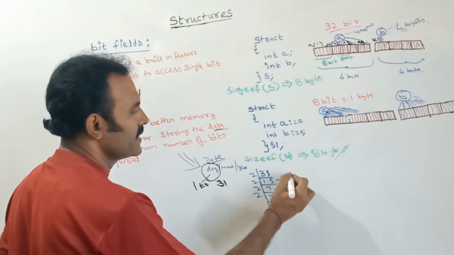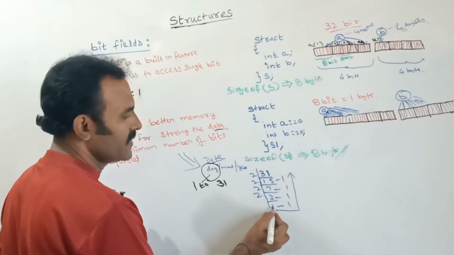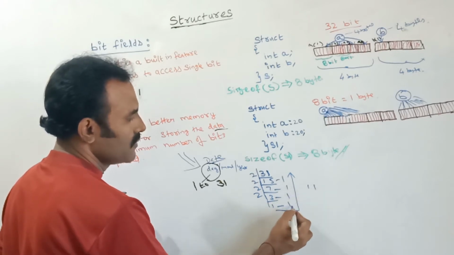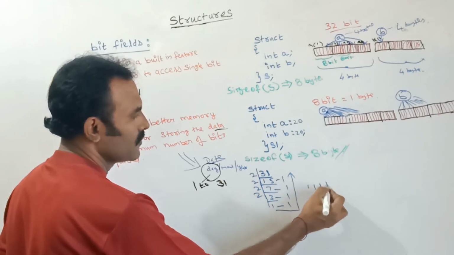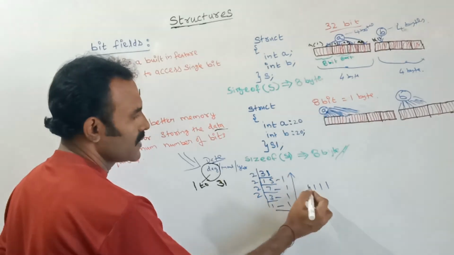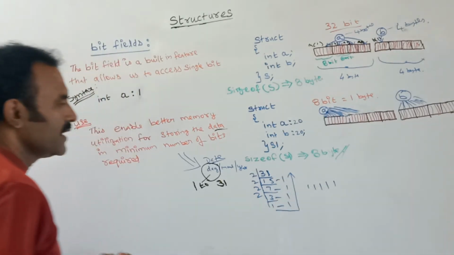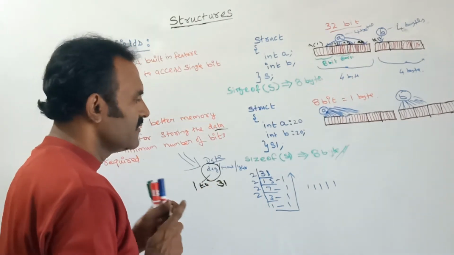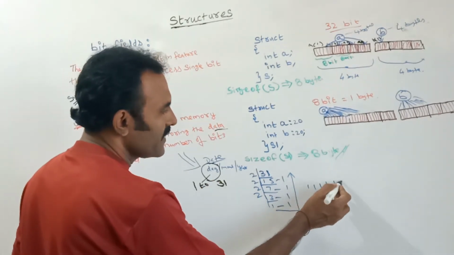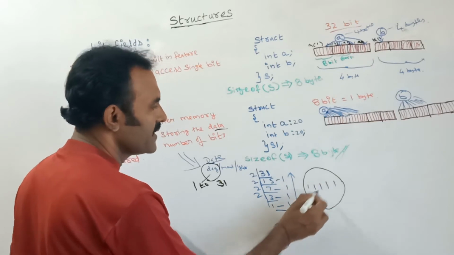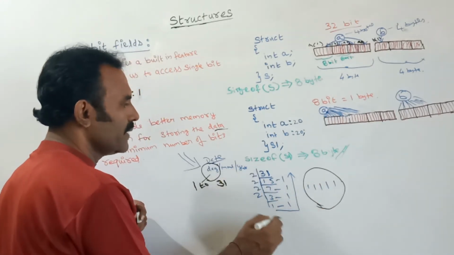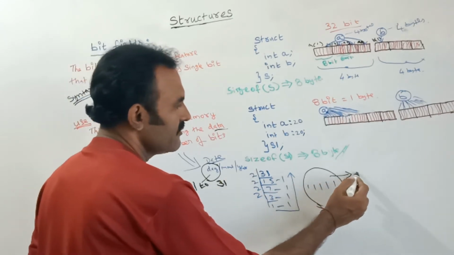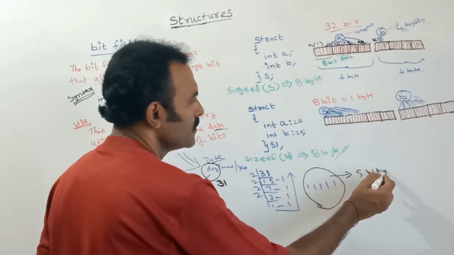So you should read in this direction. Totally 5 ones. So how many bits do we need at maximum? We need only 5 bits. Converting this 31 into binary, this is the answer. It occupies 5 bits.